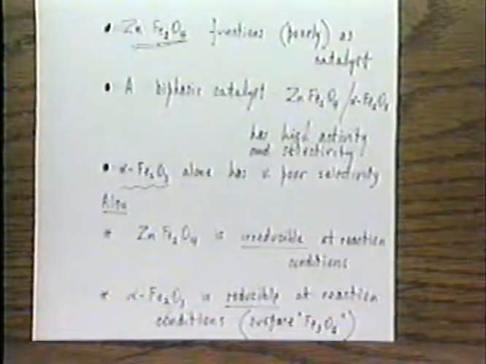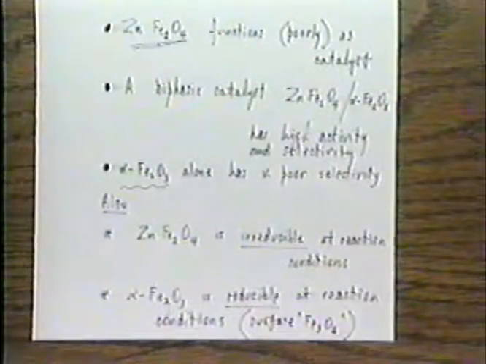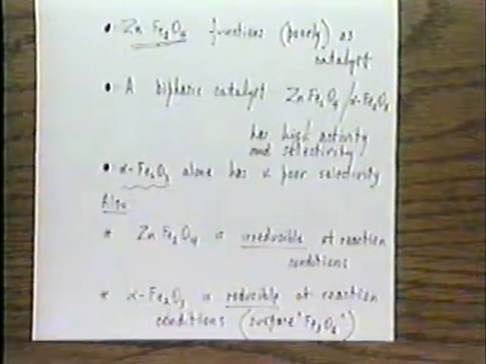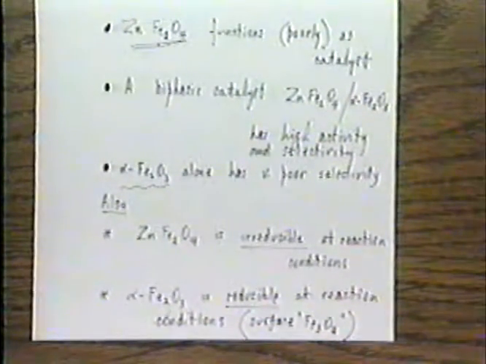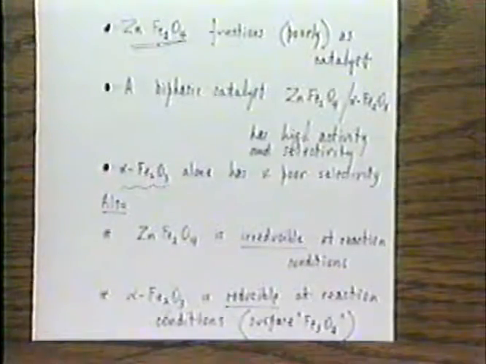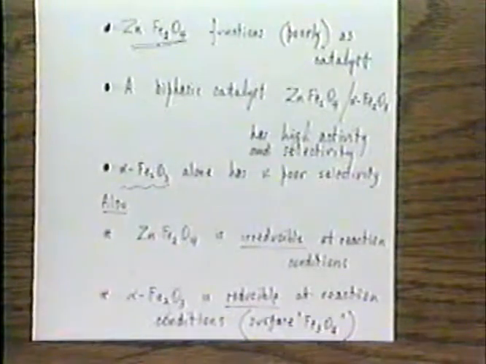And Fe3O4 has Fe2+ ions in it, so it's not surprising that Fe2O3 is reducible to the extent that one can generate a reasonably good concentration of oxygen adsorption sites.